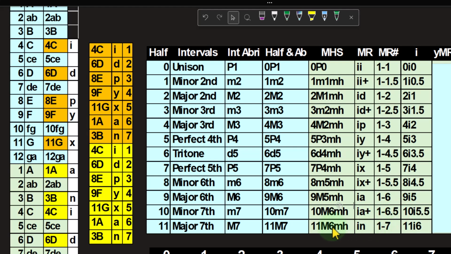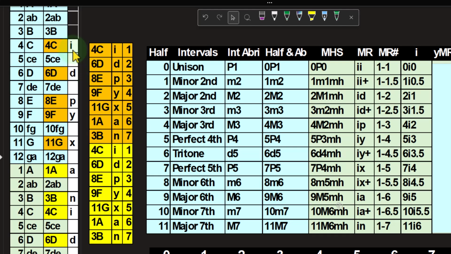All right, and then this one is going to be an IA plus modal range, or a 6.5 modal range. So we're going from the Ionian continent to the ocean right after the Aeolian continent, landing us in between Aeolian and the Locrian. So that's going to be a 10 node away Ionian 5.5 modal half step, which you would think would be a 6.5 modal range, which rounds up to 7 because they don't use the 0.5.